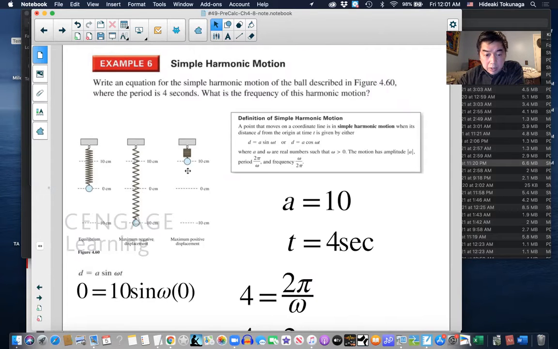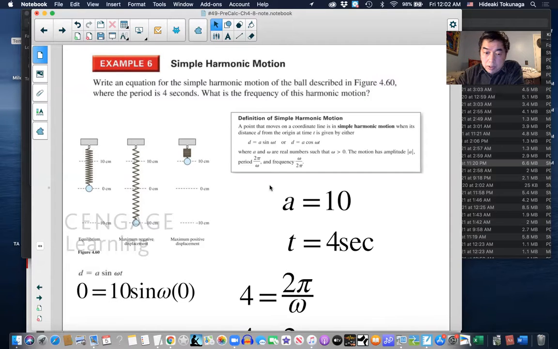And when the spring is shrunk, you consider it negative 10. So amplitude is 10, it's going to be plus minus, okay? And this omega value is trig information here, sine omega, right?